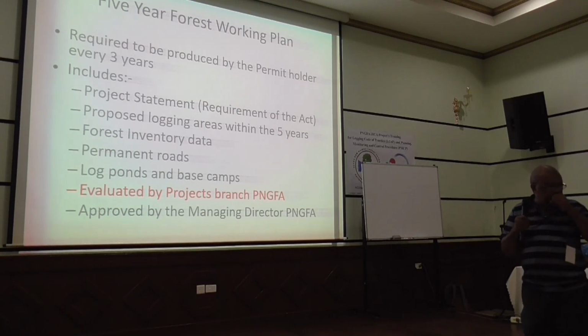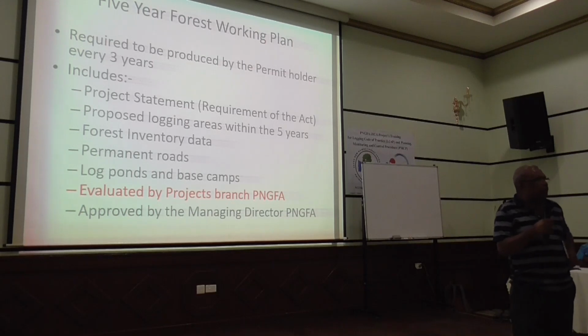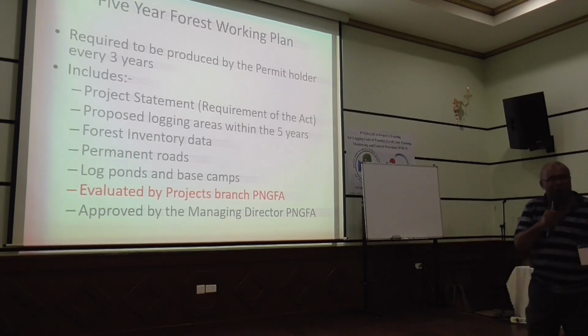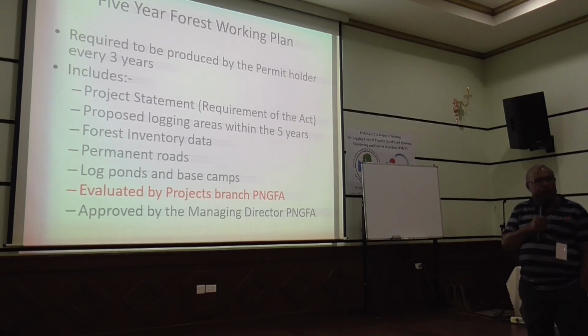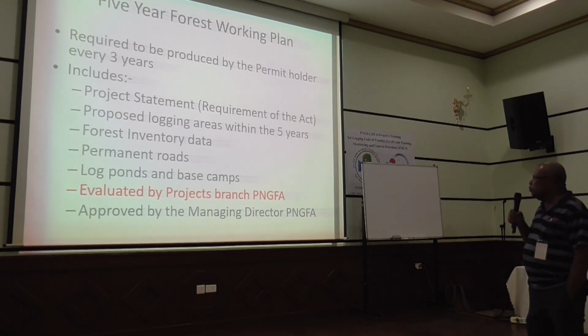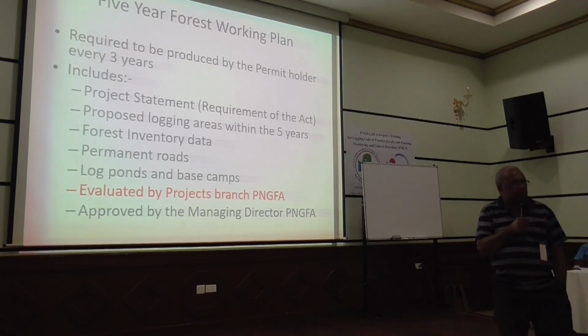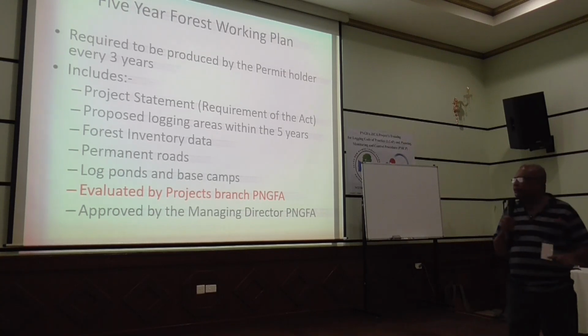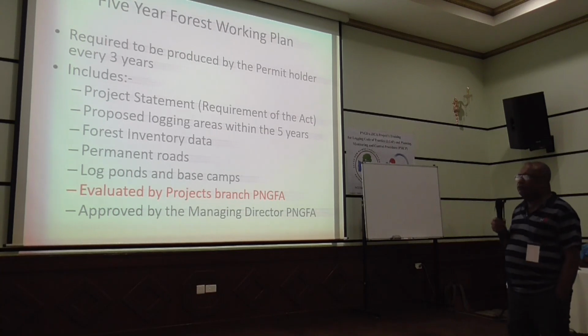Usually it's about 1% for a 5-year plan. And then they should indicate in the plan where the proposed permanent roads should be, where the log pond base camps should be established, and this is evaluated by the project branch at headquarters, so it doesn't really concern you. And of course approved by the managing director. Next please.